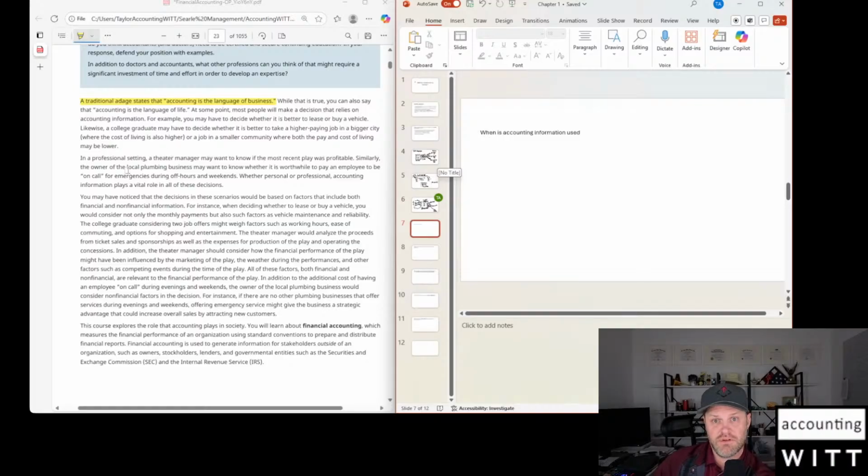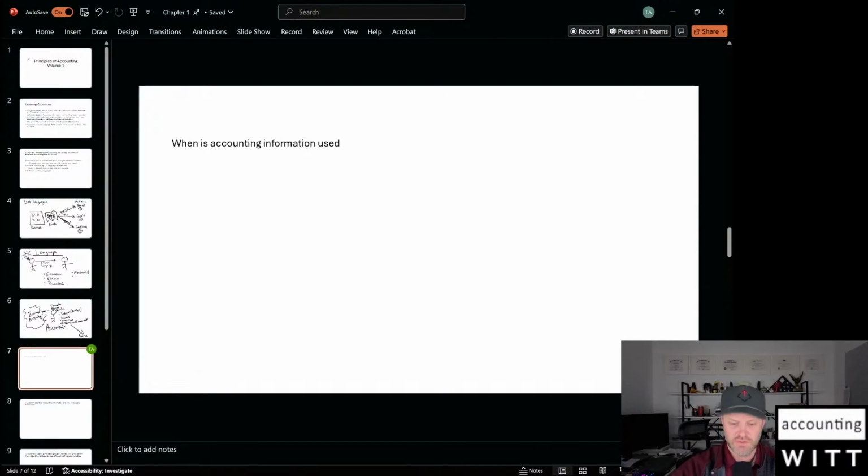This all sounds like personal budgeting. In a professional setting, a theater manager may want to know if the most recent play was profitable. What does that even mean? So there's all of these words. So let's talk about buzzwords. Profit, quote unquote, or lease or buy.